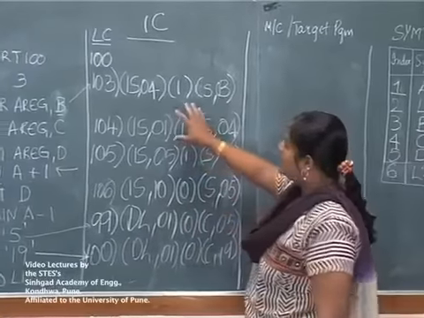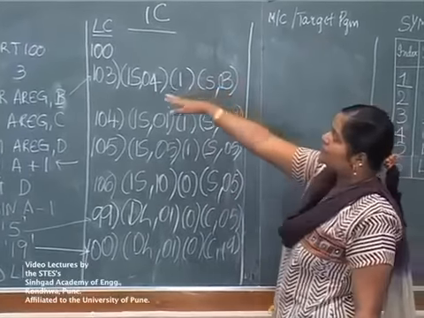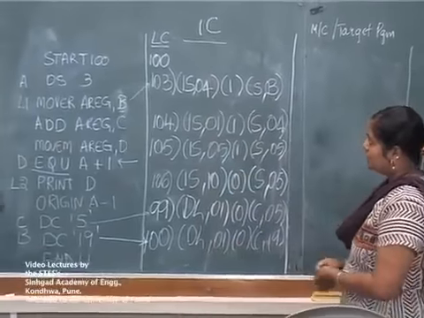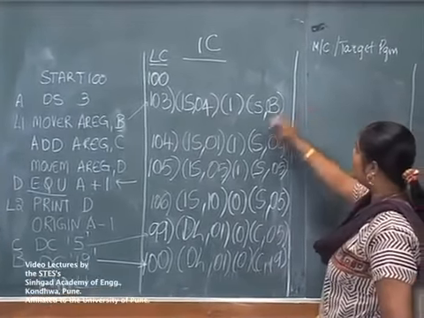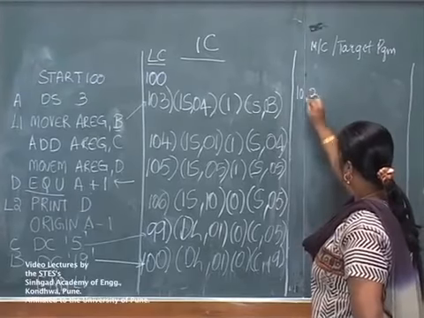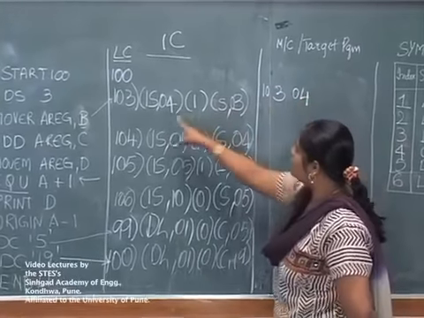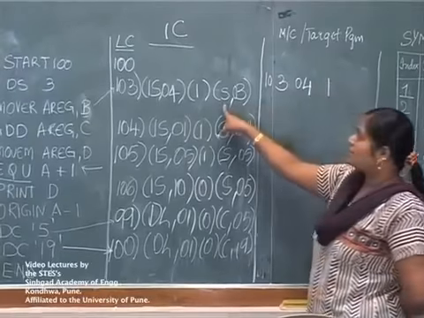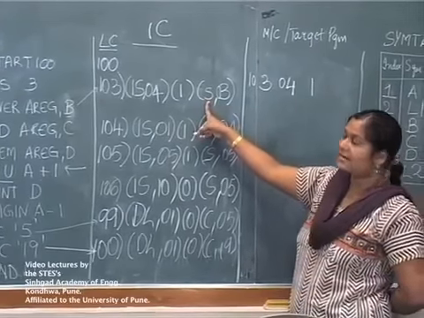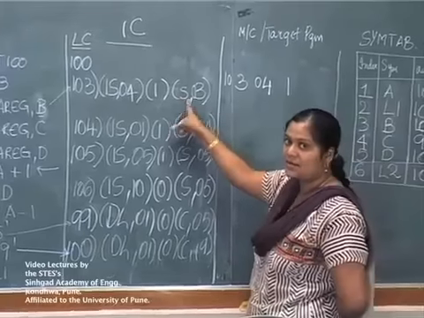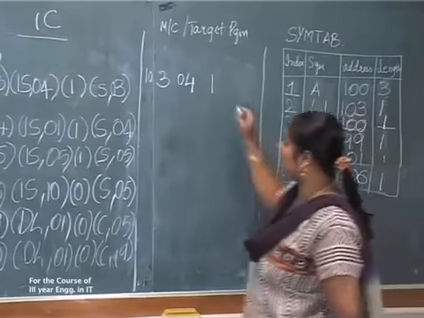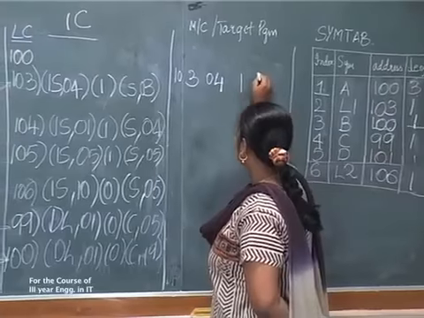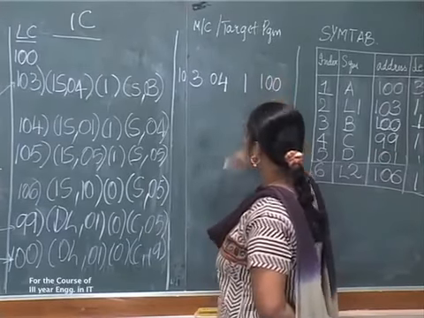Now, how do I write the machine target code for this particular intermediate code generated? At location 100 we do not write anything, but from 103, yes, this is the instruction of code 4.1. It says refer to the symbol table, get the address associated with the symbol at third location. The symbol at third location happens to be 100.